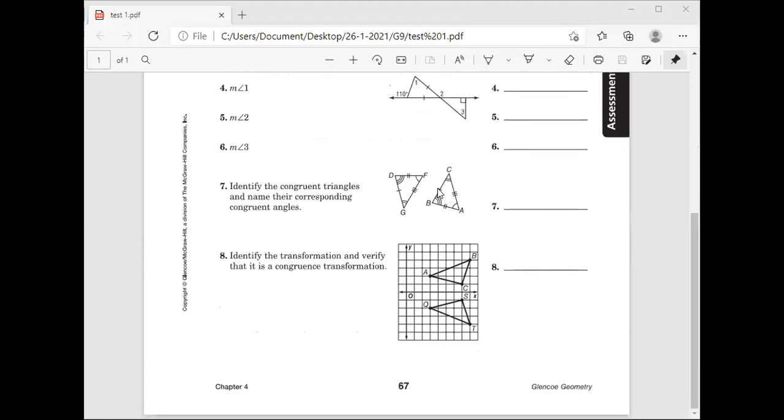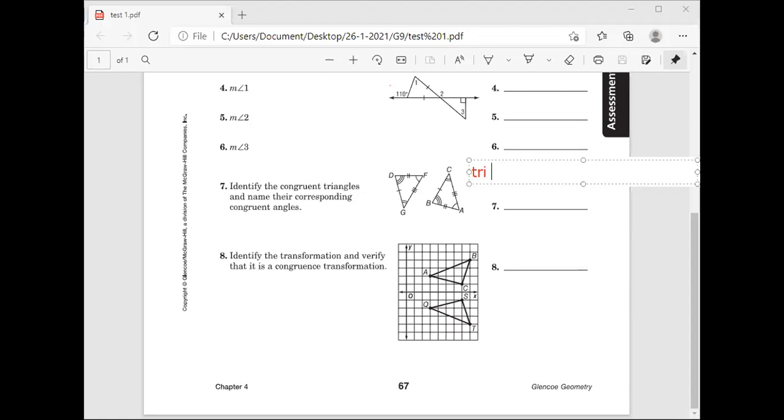This one: identify the congruent triangles and name their corresponding angles. Could you please tell me which two triangles are congruent here? Triangle DGF and triangle BCA. Could you please repeat so I can write after you?